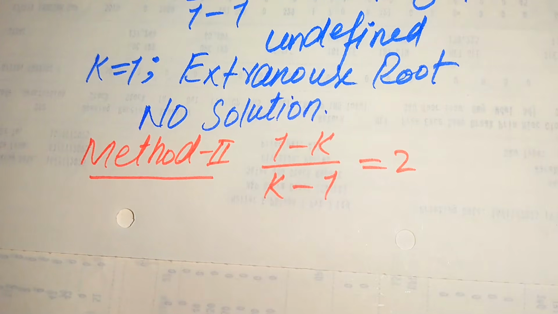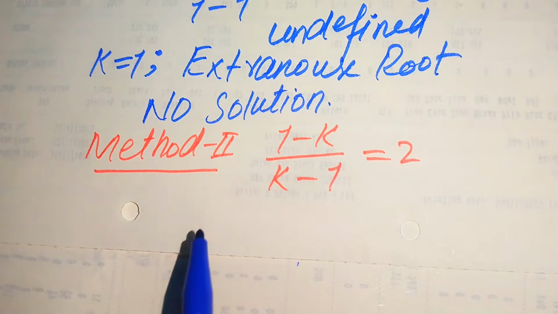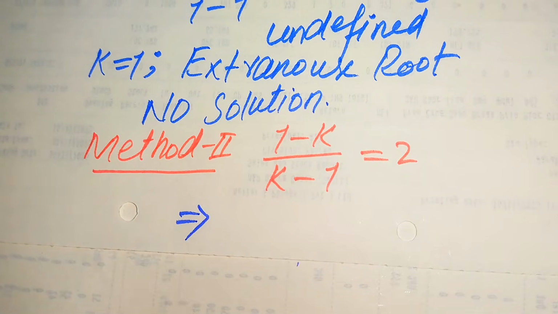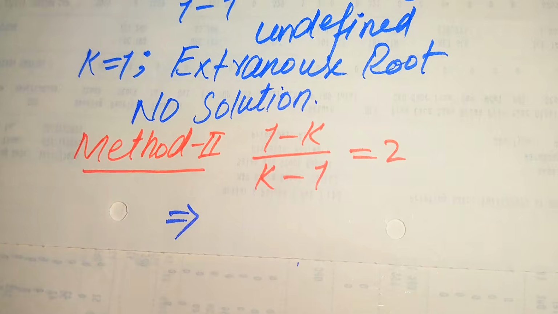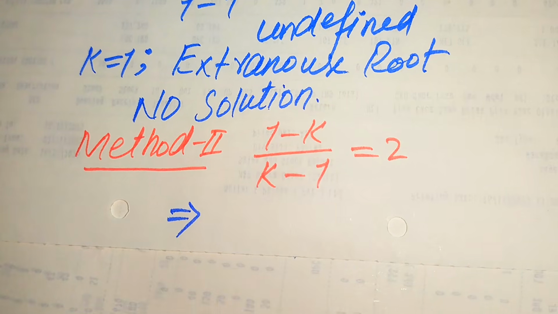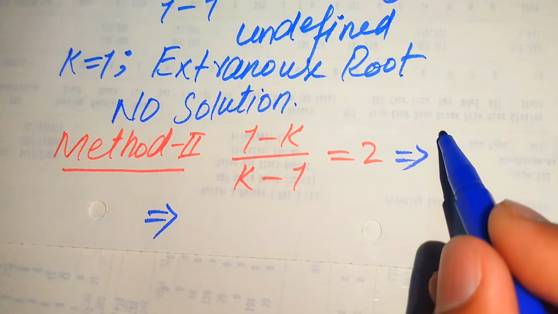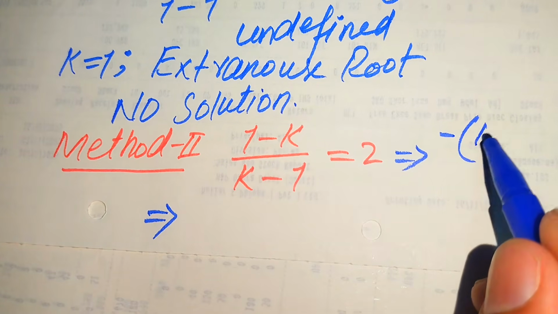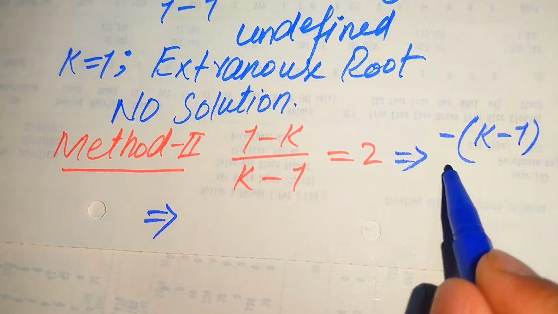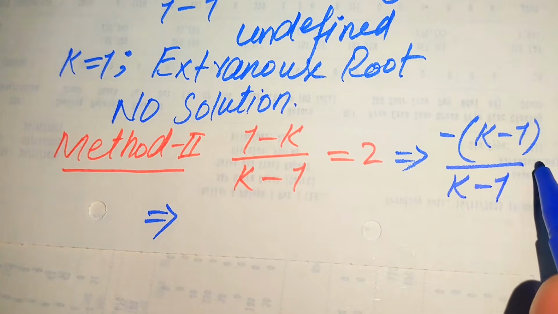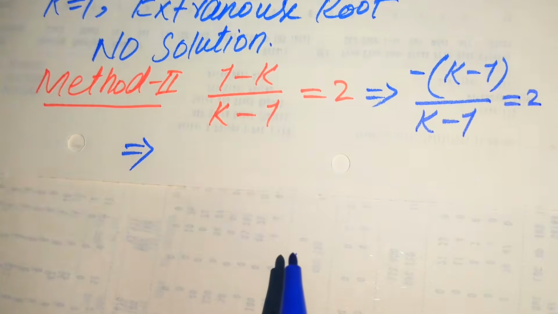Here in the second method, we just directly conclude the solution set of this problem, and here we need to take a common negative sign from the numerator. So when we take the common negative sign, the remaining values are (k - 1)/(k - 1) = 2.